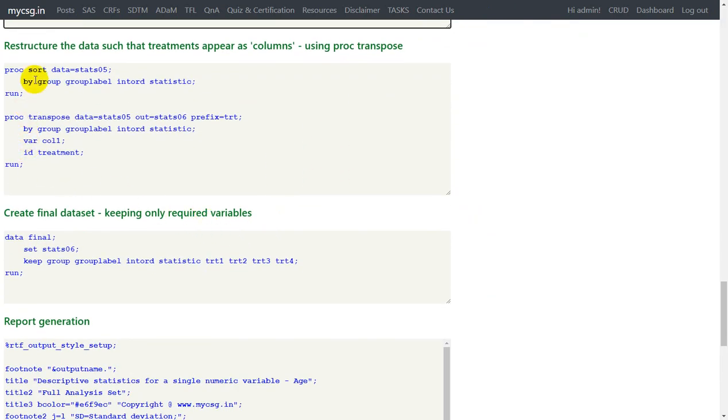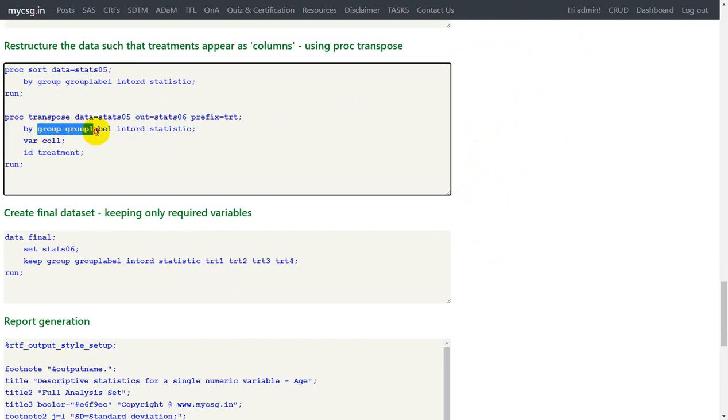In this proc transpose, we are using group, label, int order and statistics on the by statement and transposing the values present in the column variable by specifying the treatment variable on the id statement. Now let us take a look at stat06. One other thing to note is that we have used the prefix equal to option with a value of trt. So we'll now see how that gets translated.